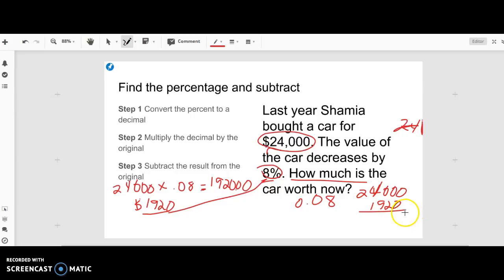And that would be, checking my calculator real quick, 24,000 minus 1,920 is $22,080. So the car is worth $22,080. There you go. So that is finding the percentage and then subtracting.